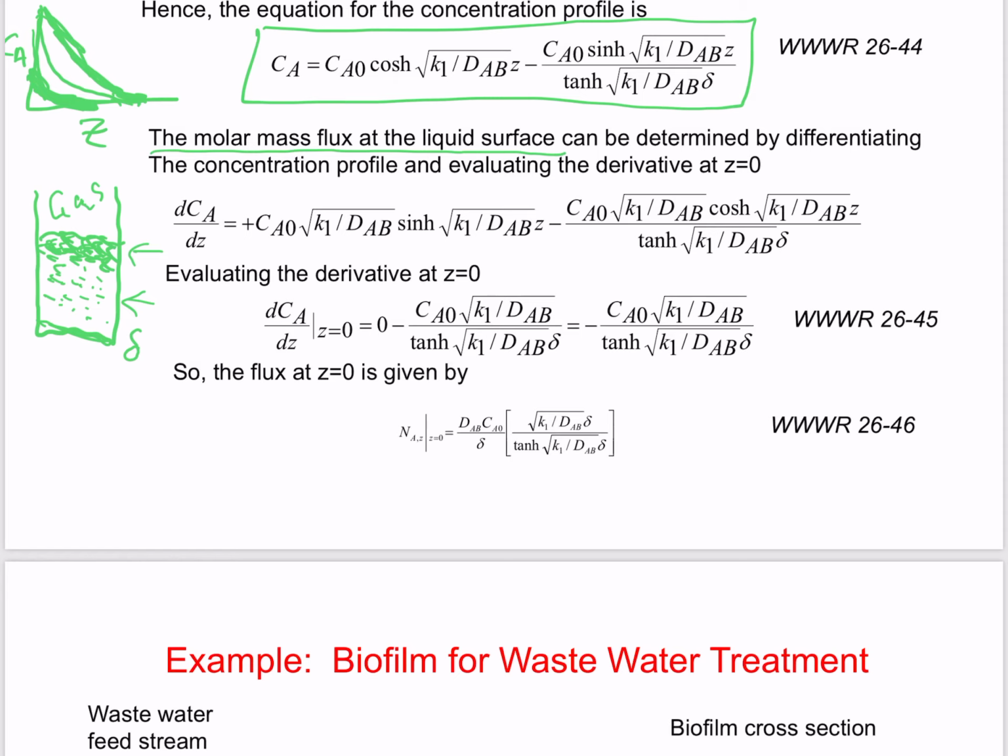So the mass flux is just, if you recall, minus the diffusivity times the gradient, dCA dZ. I'm sorry, there's no space. So she took the derivative here, and it's very easy to do.